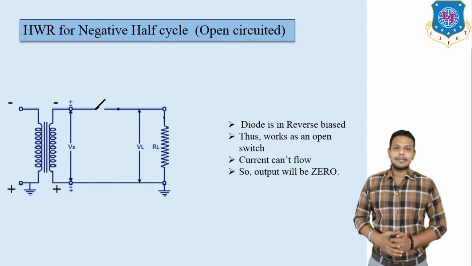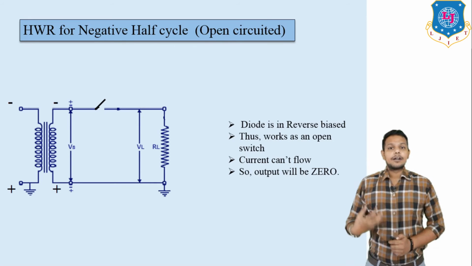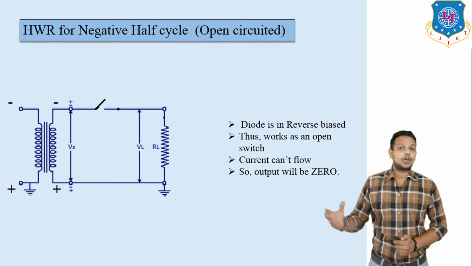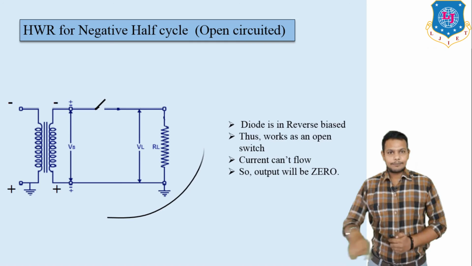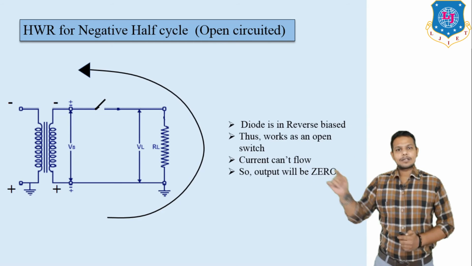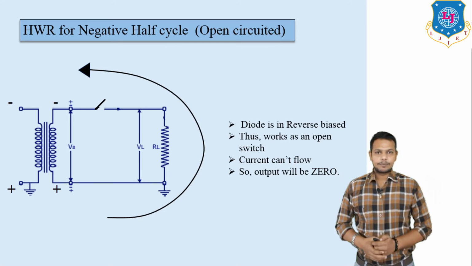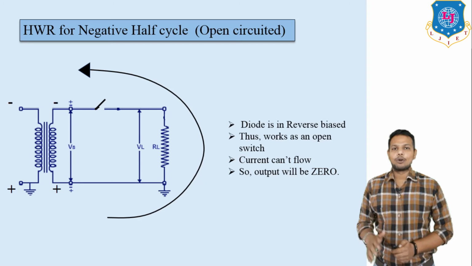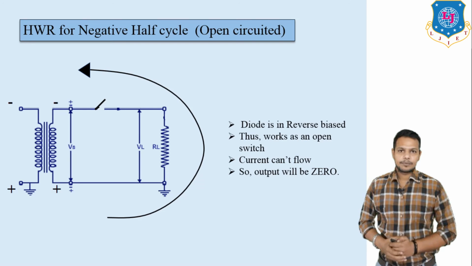That means it works as open circuited, or we can say it works in the reverse bias region. So it is equivalent to open circuited. Current flows in this direction, but due to this the diode works as open circuited, so current cannot flow in this circuit diagram.